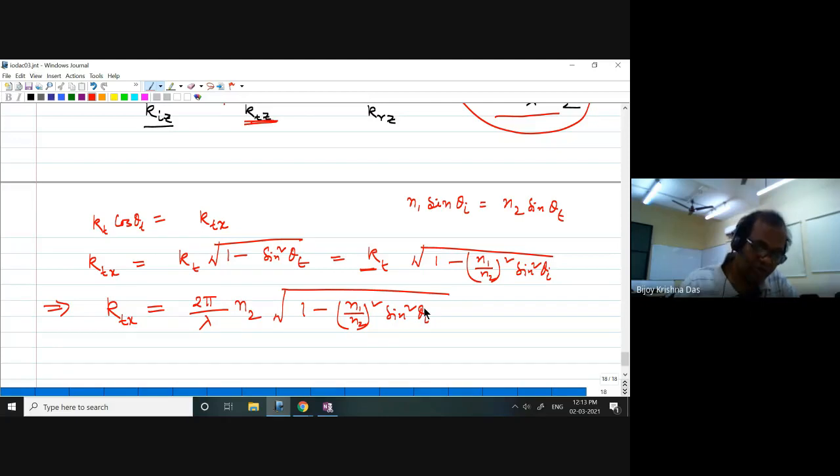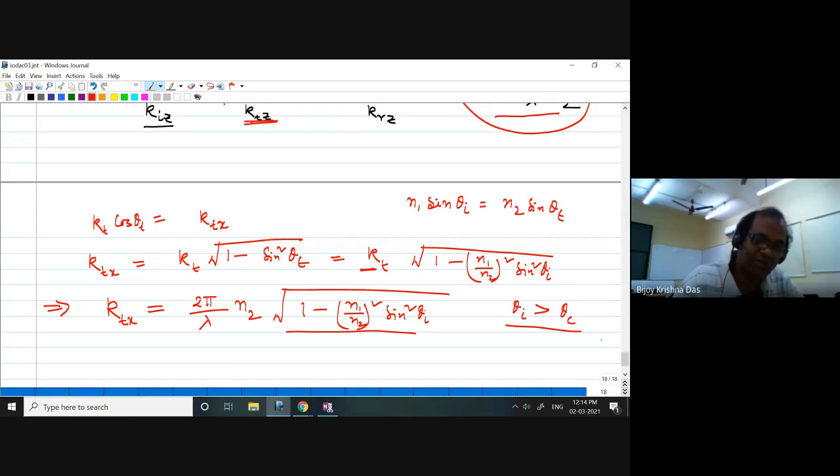Okay. Now check this one a bit. What about this one? I should not forget that in case of total internal reflection, theta i is greater than theta c. It has to be greater than the critical angle, then only you can say that your theta t can be complex. Right?